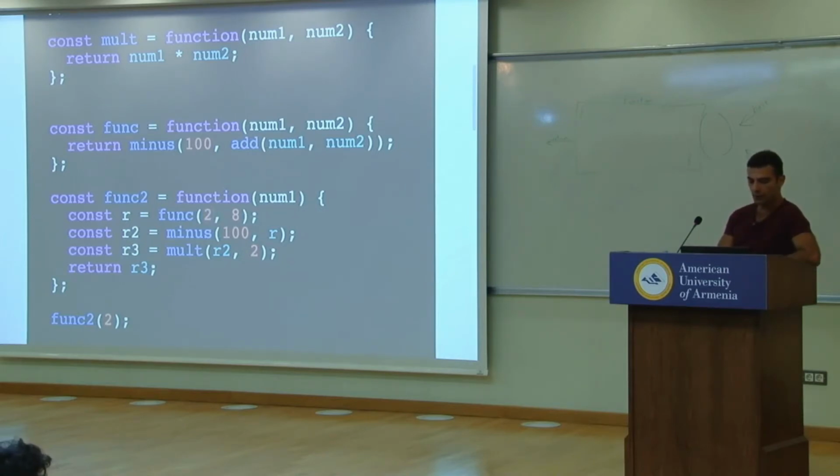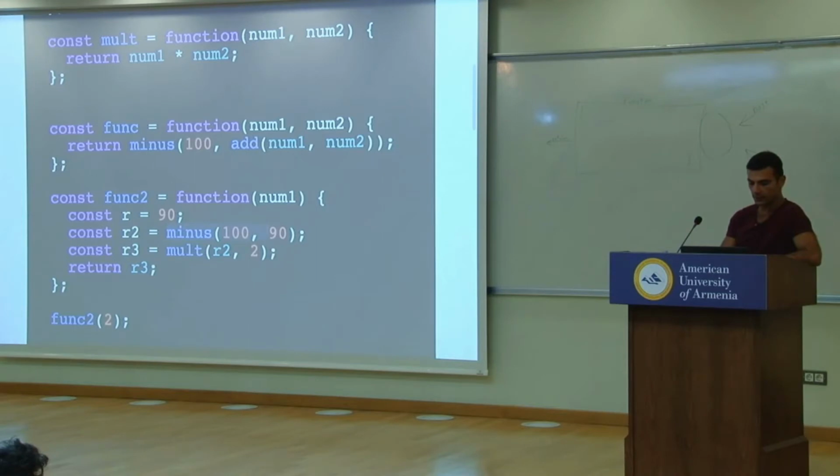What happens when you call func with a 2 and an 8? Well, let's go. So 2 goes here, 8 goes here. So 2 is this and 8 is that. 2 plus 8 is 10. 100 minus 10 is 90, and that is returned. So the result of this is, yes? Now, r, which is 90, minus 80 is 10.